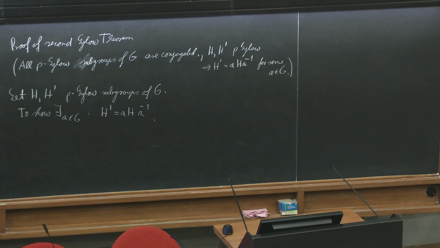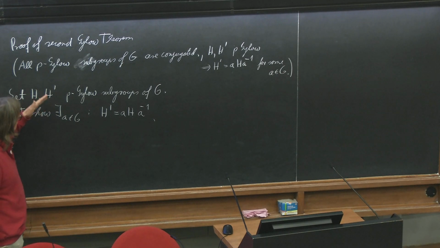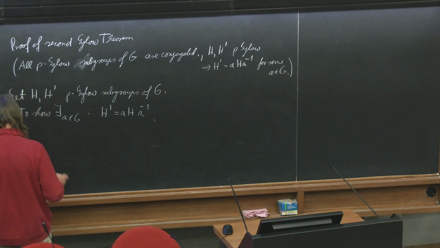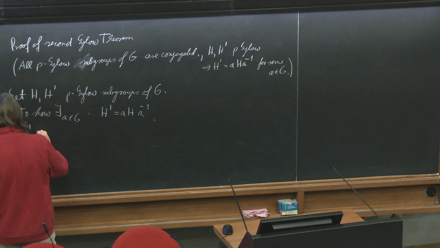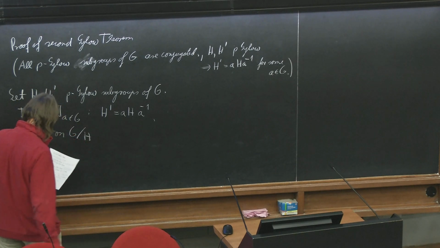So we will do this now by letting H prime act on the coset space G mod H. So H prime acts on G mod H as follows.